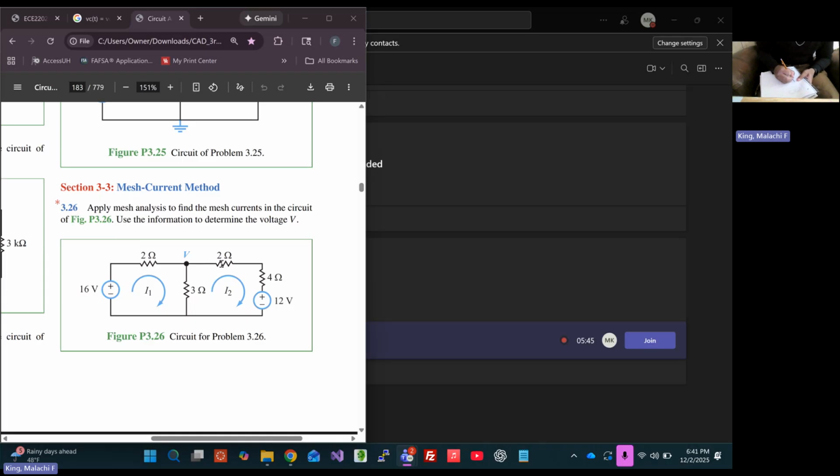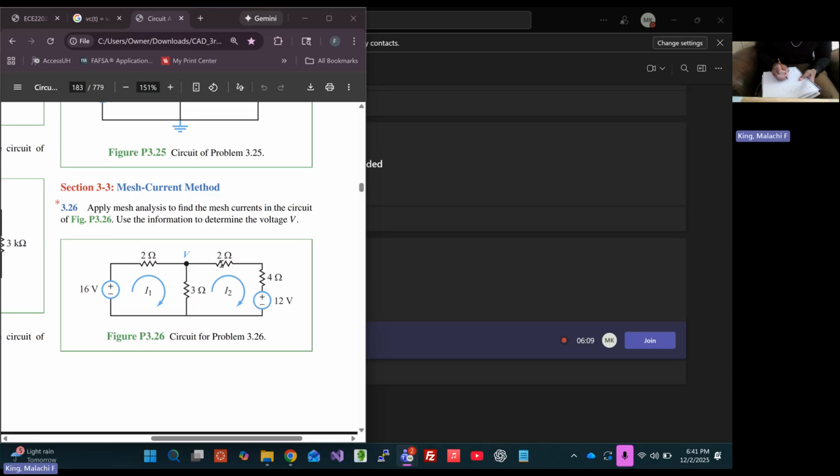We can go ahead and simplify this. So 3 ohms times I2 minus 3 ohms times I1 plus 2 ohms times I2 plus 4 ohms times I2, a lot of I2s, plus 12 volts equals 0.